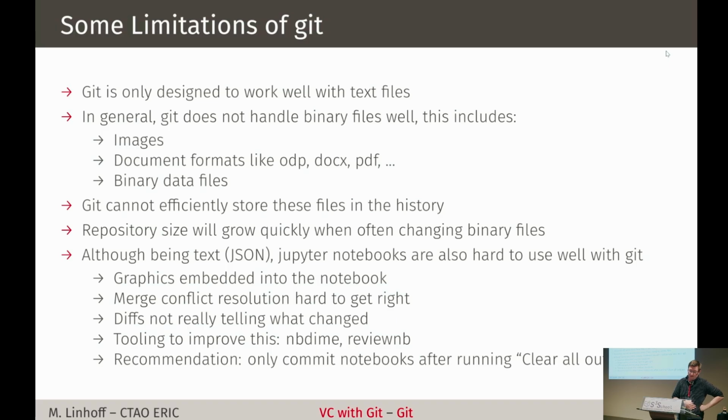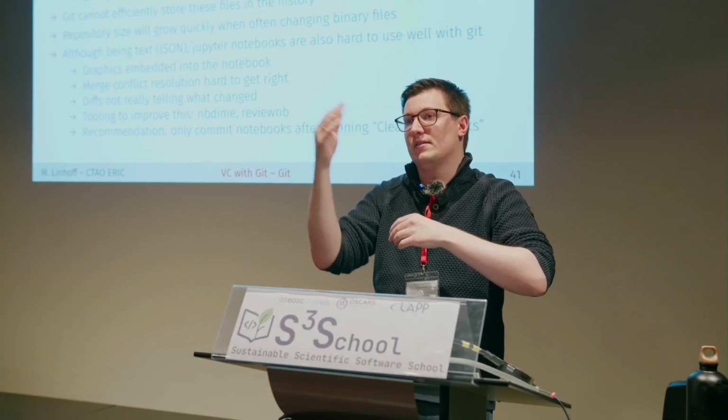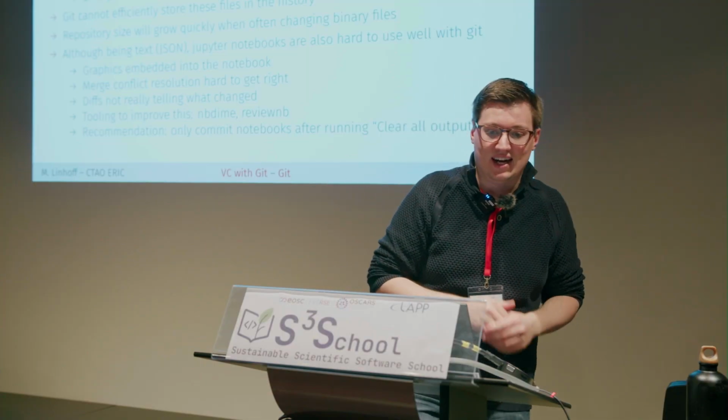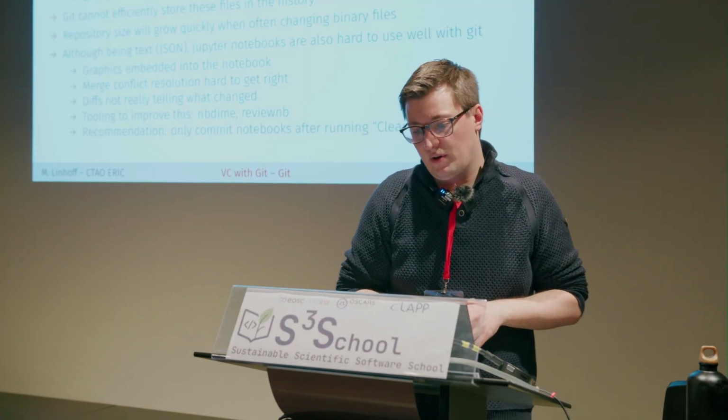So I think this was the point in time where I wanted to discuss a bit about limitations of Git. Git is very well suited for software development where the code is text files. So most of the operations are comparing lines in text files and rendering differences. It can't really deal with binary files.